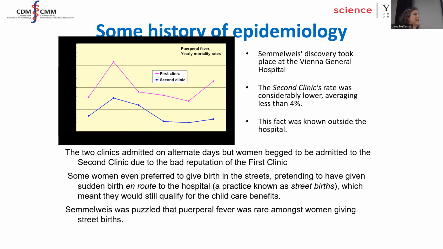And so he instigated hand washing into the hospital, and the yearly mortality rate at the first clinic then reduced down to the same as the second clinic. But then, because no one believed that if you can't see it, it exists, the behavior waned in the doctors, and the mortality rate in the first clinic went up again.